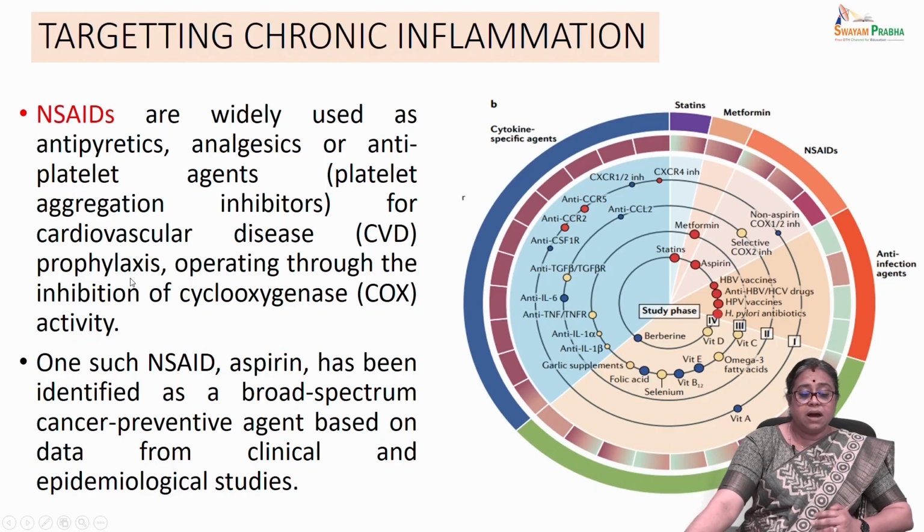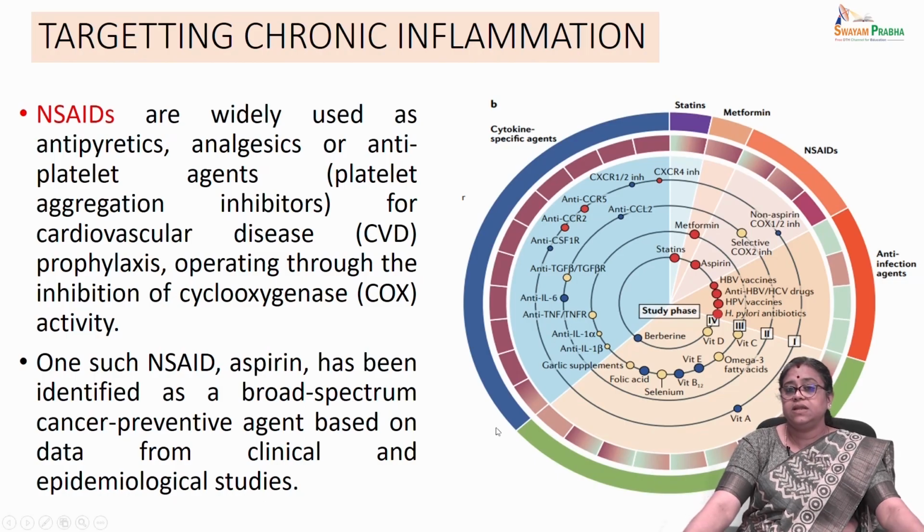They operate through the inhibition of COX activity, the cyclooxygenases. One such NSAID, aspirin, has been identified as a broad-spectrum chemopreventive agent based on data from several clinical and epidemiological studies.